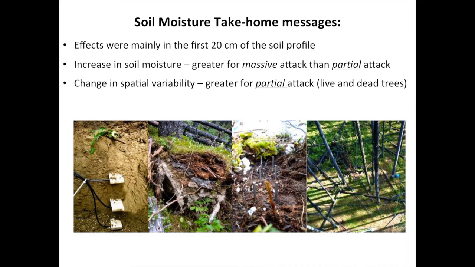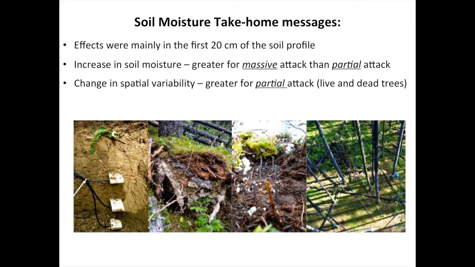So what can we wrap up for the soil? Well, the effects of our treatments, the Mountain Pine Beetle early red attack phases, were fairly well reflected in the 20 centimeter layer of the soil profile. You had an increase in soil moisture, and it followed a logical stage where the massive attack was wetter.